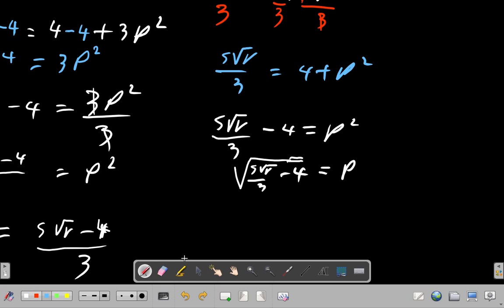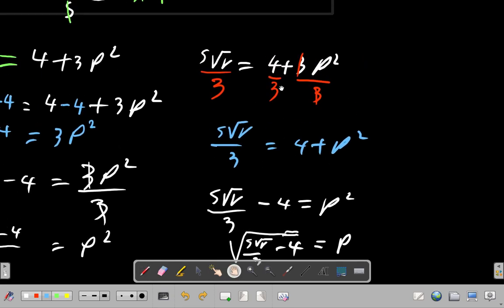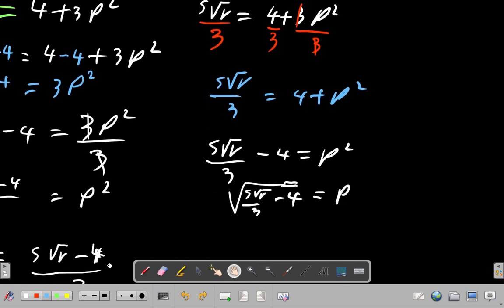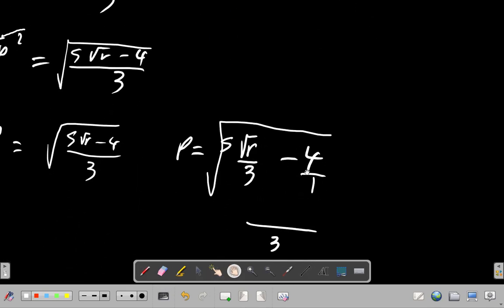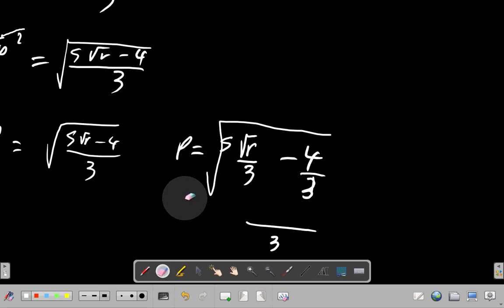You see, I have the 4 over 3 up here, and I forgot that the 3 should be under the 4. So I made a mistake by leaving the 3. I should keep the 3 under the 4 at all times. So probably that was one you were wondering, what happened to the 3, right? So the 3 should be there. It's a 3 under the 4. Nice. Alright.